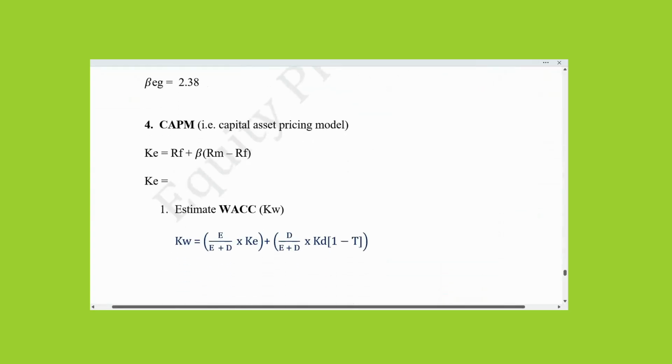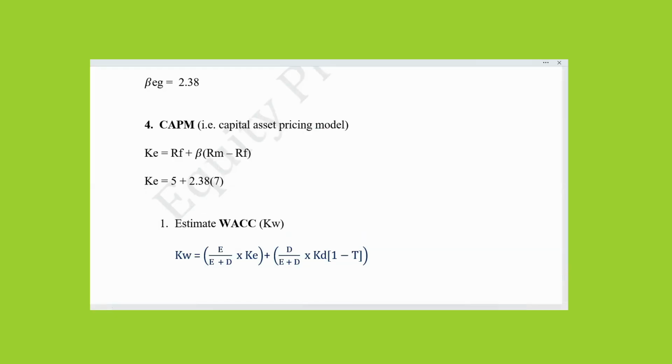Here is 5 plus the beta we have calculated in step 3, that's 2.38, multiplied by risk premium. We are not given market return in the question, we are given risk premium, which is 7%. So there's no need for you to say Rm minus Rf again. The difference between market return and risk-free rate of return is what is called risk premium.